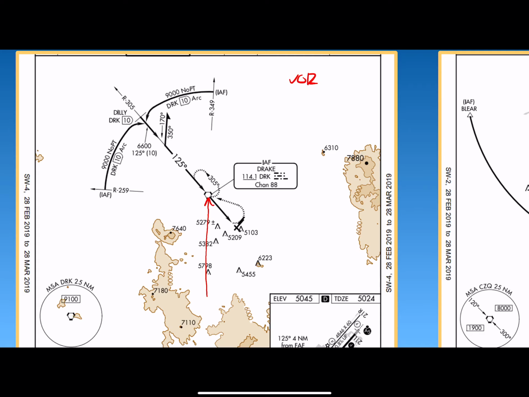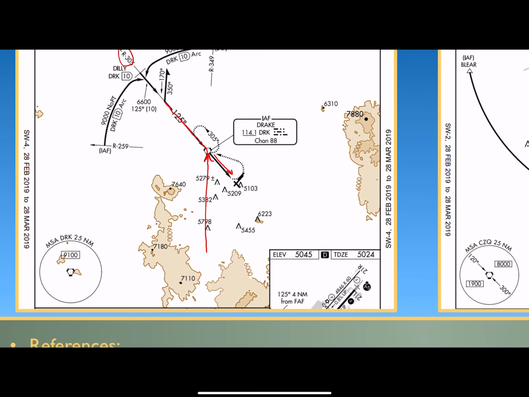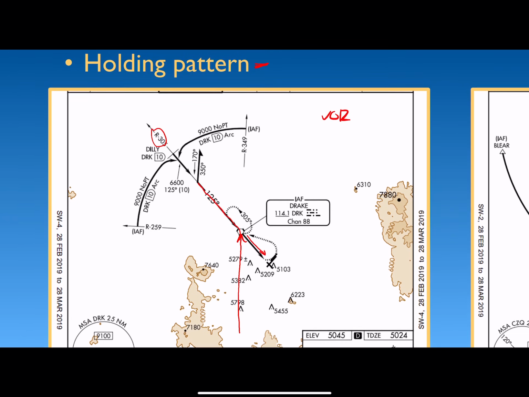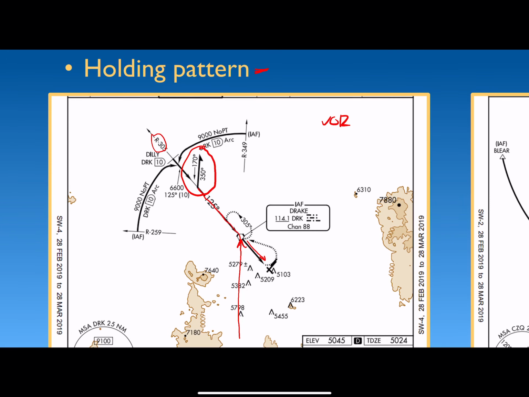And so in order to get established, in order to come in on the runway, I need to get myself turned around. So I would fly outbound on the Drake 305 radial, and then I would do what we call a procedure turn. So this little barb up here, this is our procedure turn.